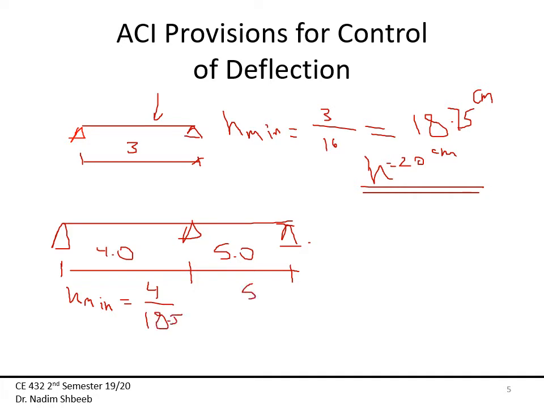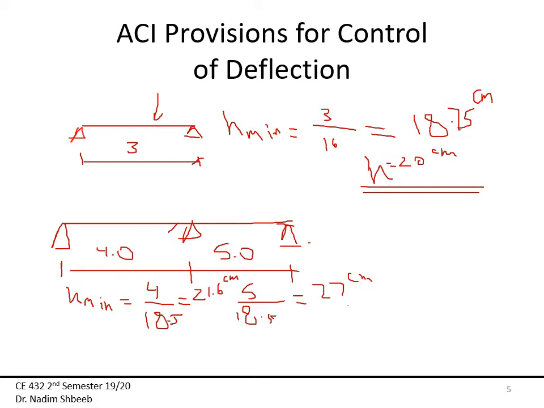And for this one, again one end continuous, this would be 5 over 18.5 as well. So this gives me almost 27 centimeters, and this gives me almost 21.6 centimeters.